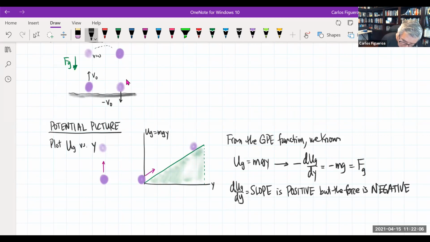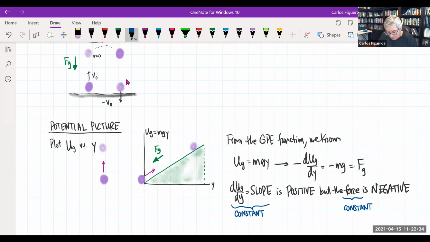So as the ball moves up the incline, it applies a force of gravity in the negative direction. And because this slope that we're looking at is a constant slope, that implies that the force here will always be a constant force.